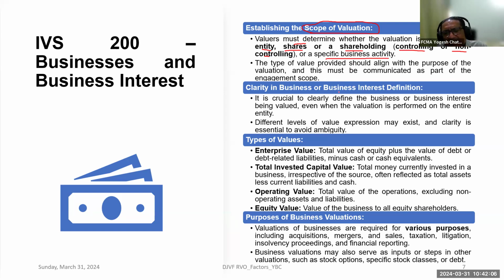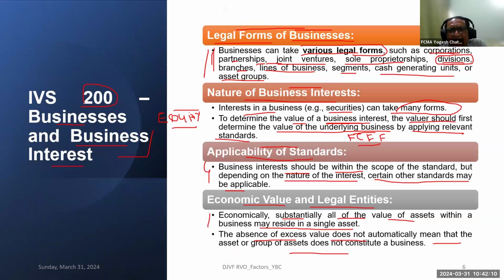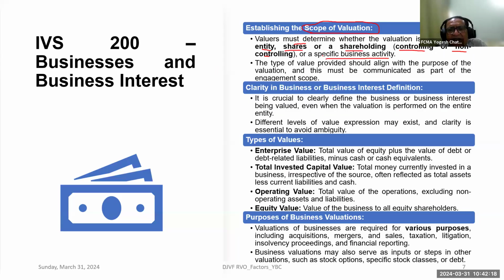Which business activities are covered? We have seen in the previous slide the various legal forms, divisions, branches, lines of business, segments, cash generating units. That is highlighted here. The scope of work covers the entire entity, shares or shareholding, controlling or non-controlling shareholding, or a specific business activity, and the type of value provided needs to align with the purpose of valuation.